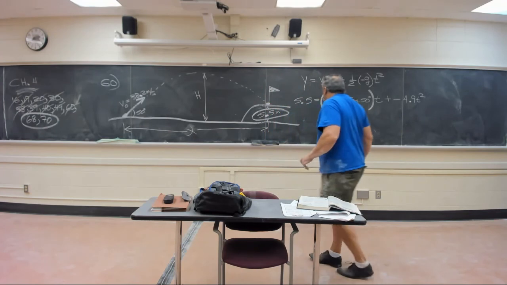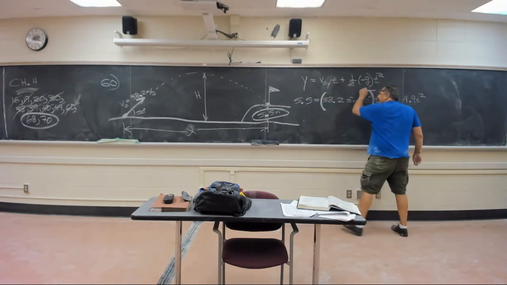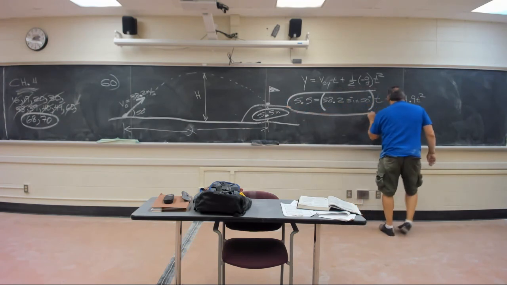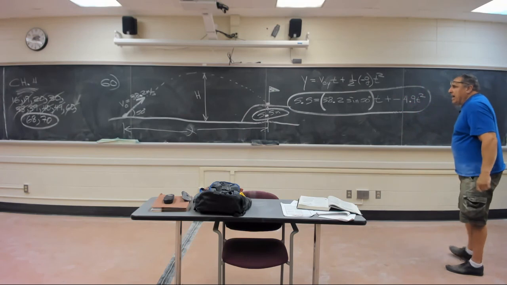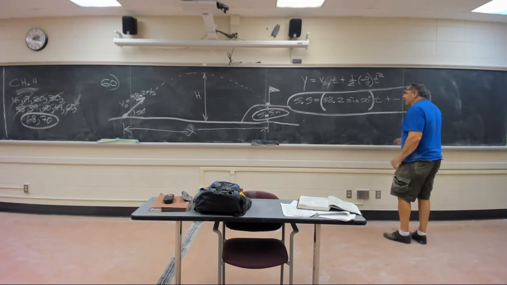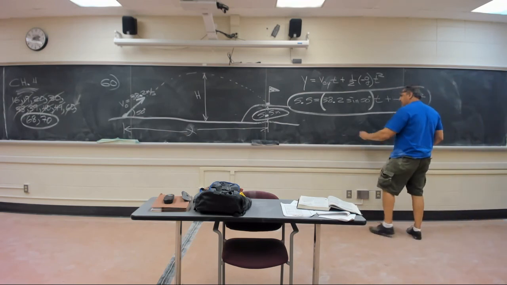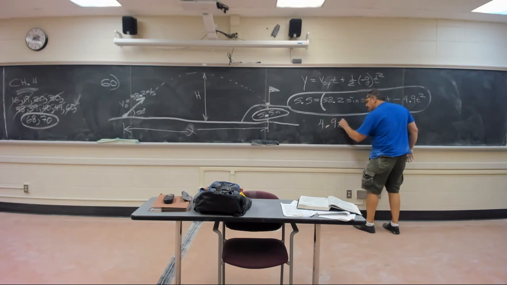Okay, so let's come right back to here. This is going to give you the time. Unfortunately, I don't have a calculator on me right now, so I'll get back to it, but next time we get together, we'll do this.